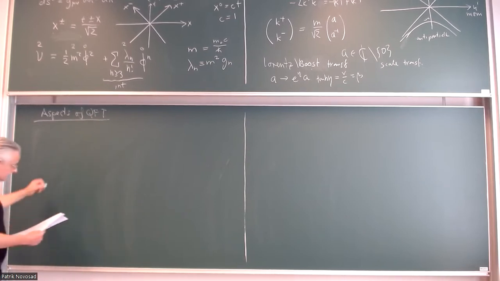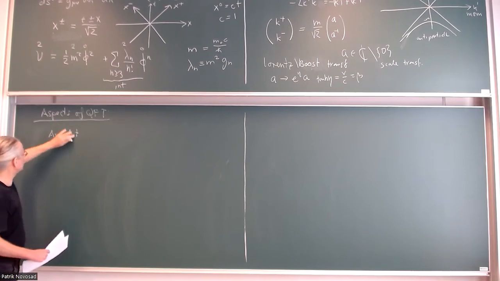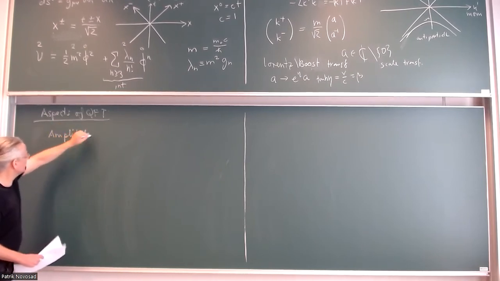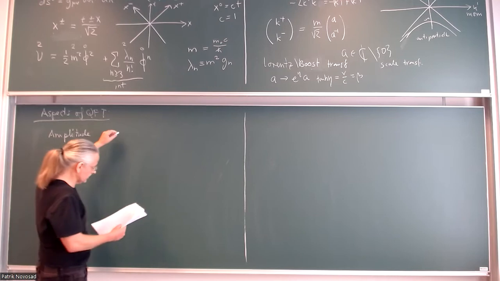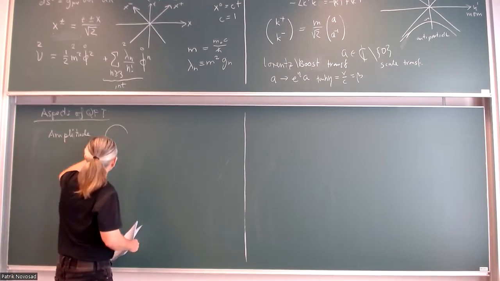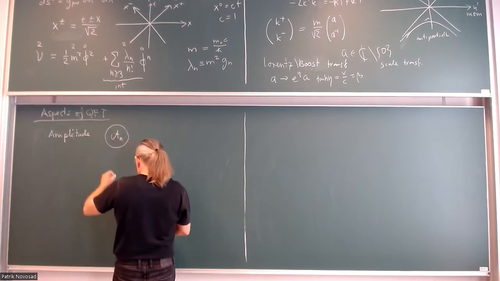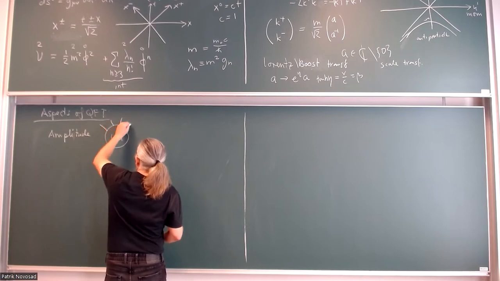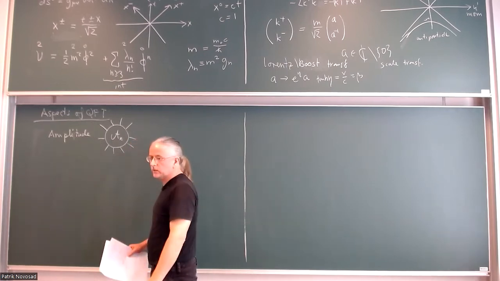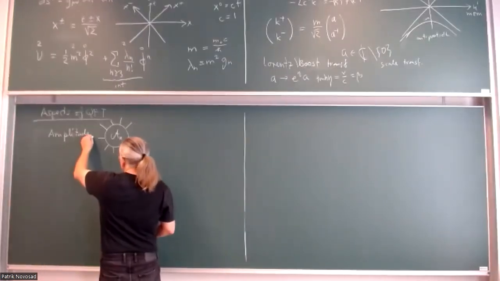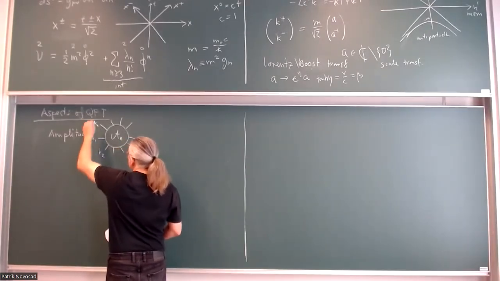There is an object which we call the amplitude, of scattering amplitude. We usually think of it as an object which has n legs. So we are assuming that we have n particles coming in and out with some momentum. So here we have k1, k2 and up to kn.